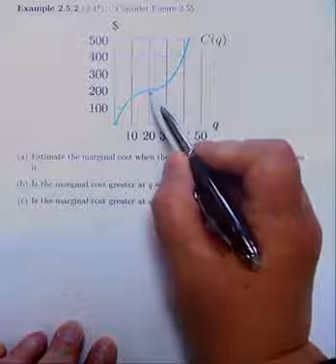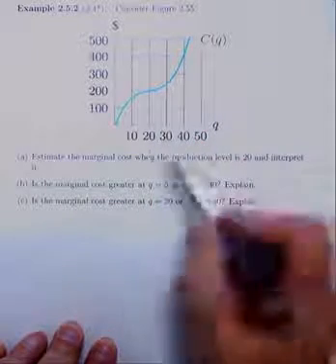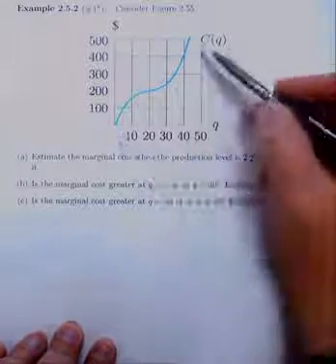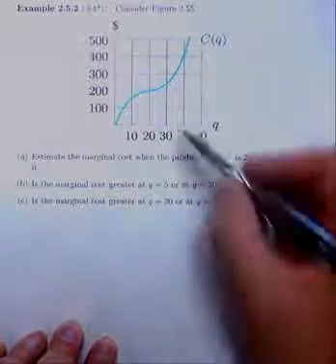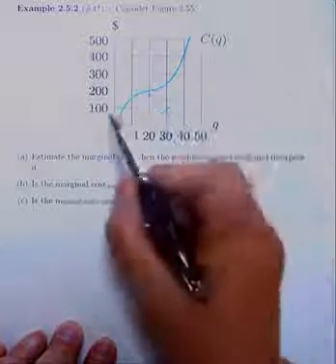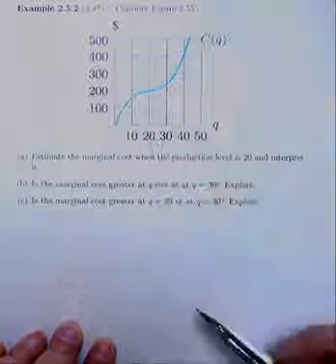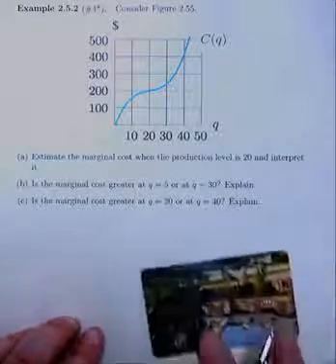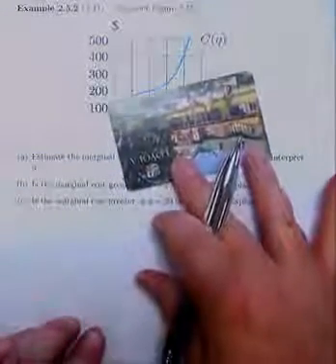So what we want to do is look at when our production level, Q, is 20, and this is the graph of our cost. So it looks like it costs $200 to produce Q items. And marginal cost is slope.